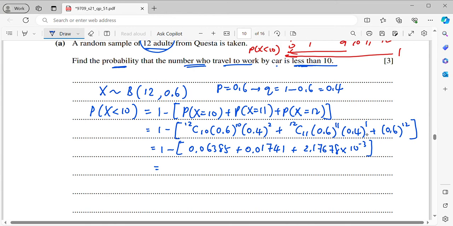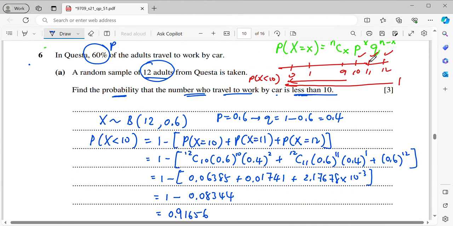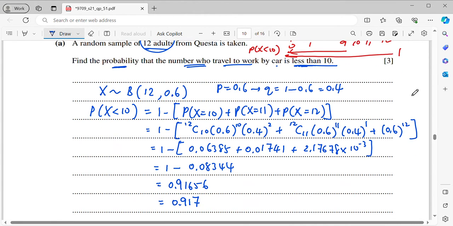So from here I will get 1 minus 0.08344, and then you will be getting 0.91656, and when you round this value to 3 significant figures, it will be 0.917. So this is how we calculate the probability when you need to consider a lot. I will just use total probabilities minus the extra. So this is the solution for part A.